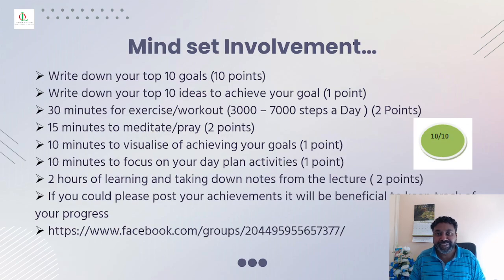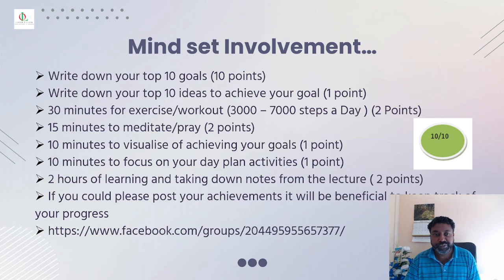And also the next one is the involvement, the mindset that you want to create in moving along with this course. So just in general, write your 10 goals and 10 ideas, and please avail yourselves for 30 minutes every day to do any type of activity, walking or running.